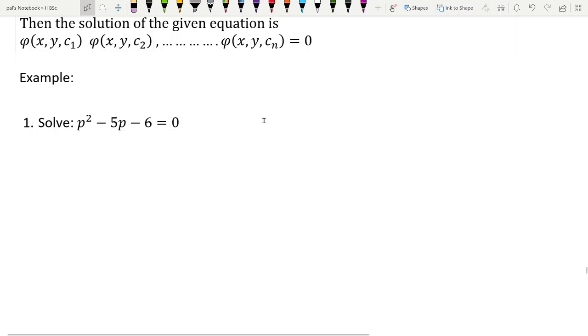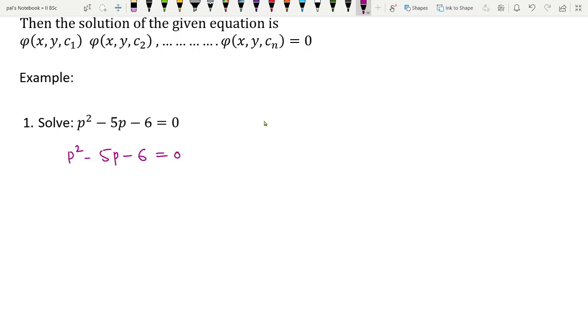You write this equation first: p square minus 5p minus 6 is equal to 0. So here, is it possible to express this as a linear form of p?